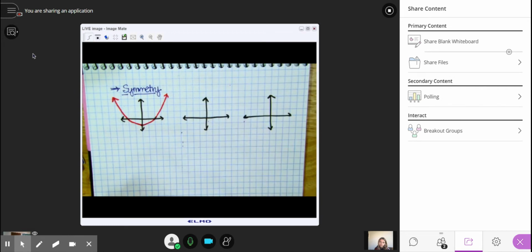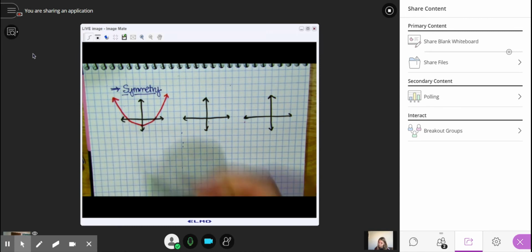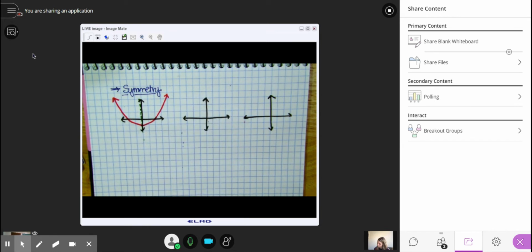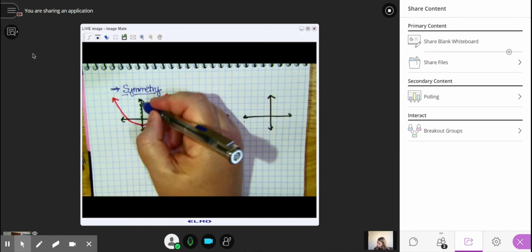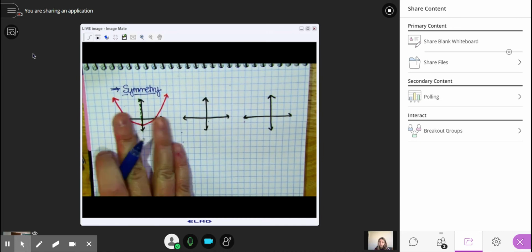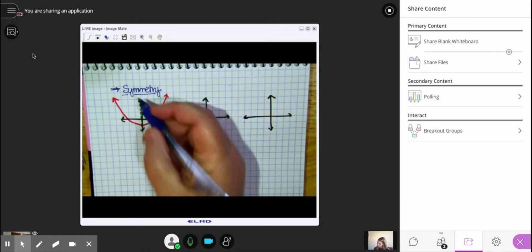And so here's a parabola. This one, your axis of symmetry is right here. If I look straight up and down, there's a line through the middle where I could essentially fold the parabola in half, and it splits it down the middle.